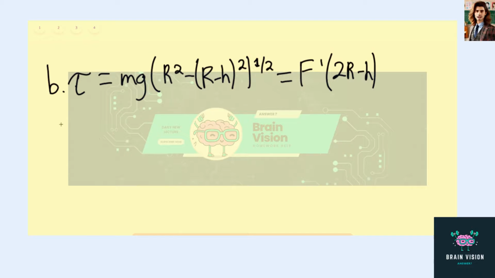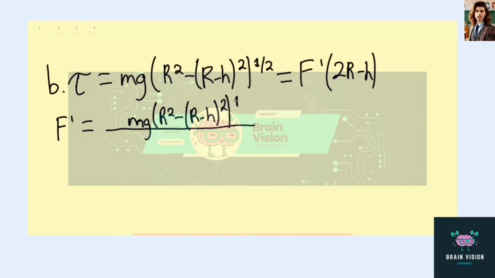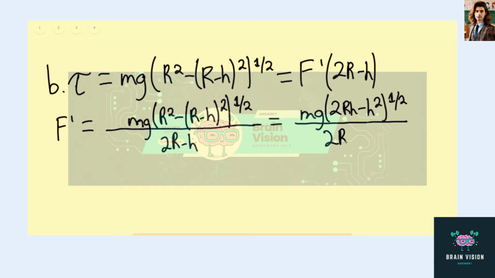And so we can say that F prime is going to be equal to mg times (R squared minus (R minus H) squared) to the 1/2 power, divided by (2R minus H), and again this equals mg times (2RH minus H squared) to the 1/2 power divided by (2R minus H), and this is going to be for the top of the wheel.